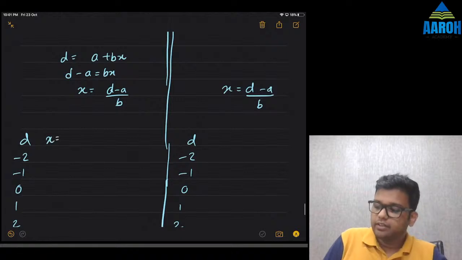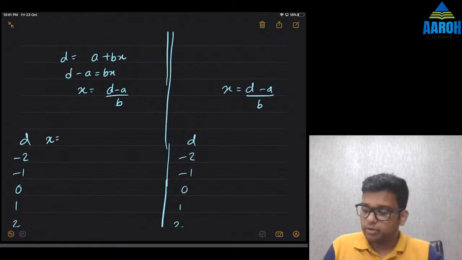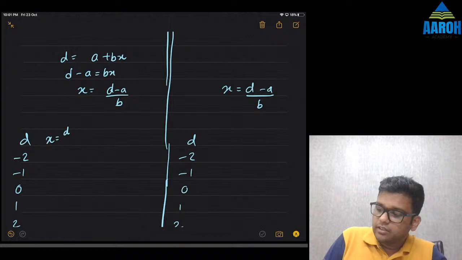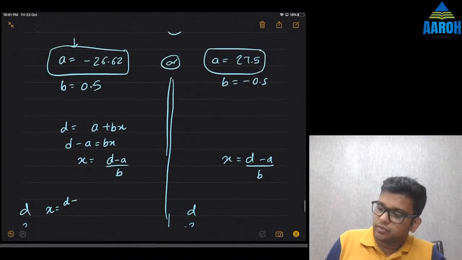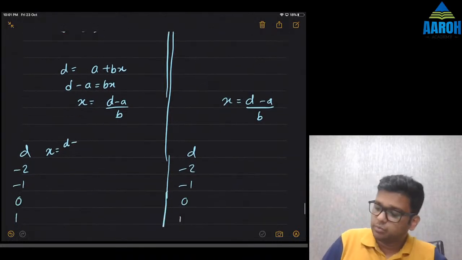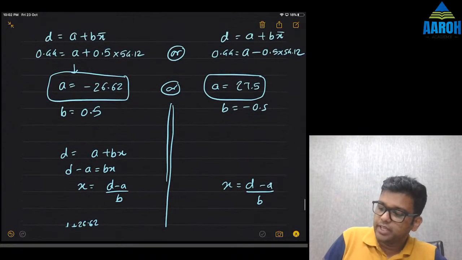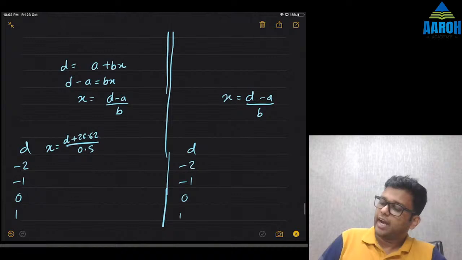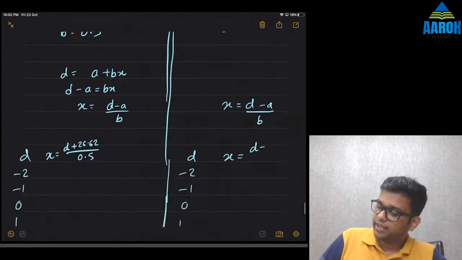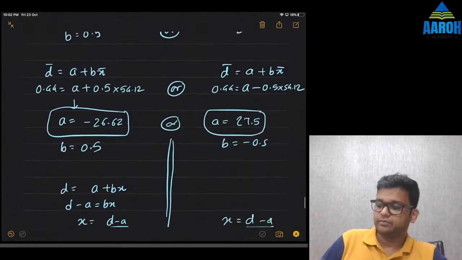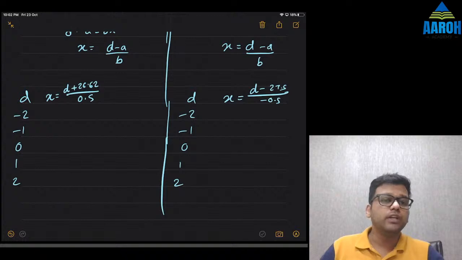So x will be d minus a upon b. That is d plus 26.62 upon b, where b is 0.5 here. And in the second case, x will be d minus 27.5 upon negative 0.5. These will be the two answers which we have to check.